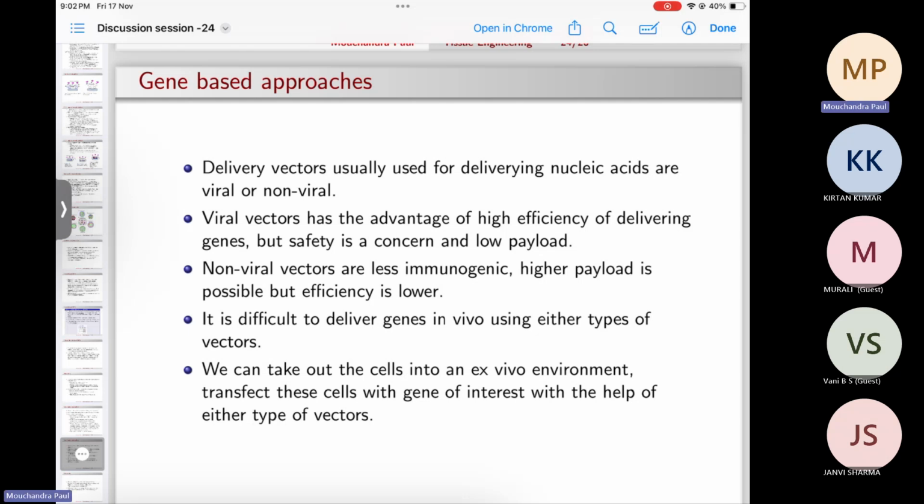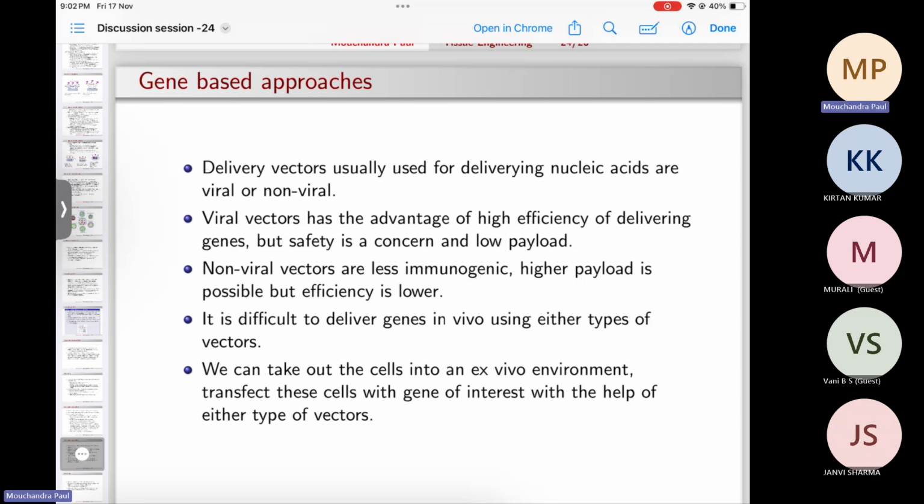Now, it is difficult to deliver genes using either of the two types of vectors in vivo. So generally, what people are doing now is taking the cells out from the patient, out of the in vivo environment, and culturing them ex vivo, that means outside.